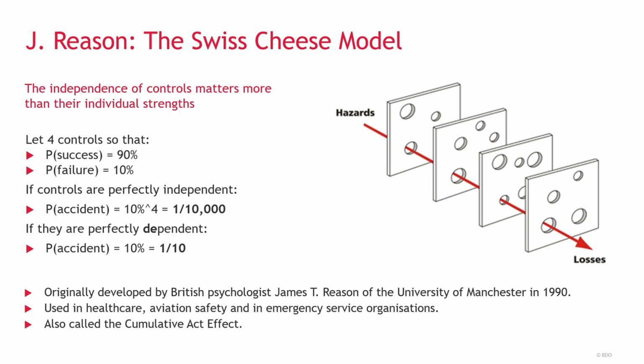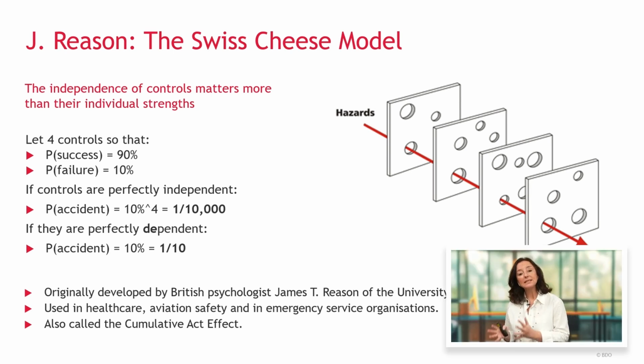And I'll give you one very simple yet powerful numerical example to show you that the independence between your controls, and more specifically the independence between your different control failure rates, matters more than the reliability of your controls themselves.